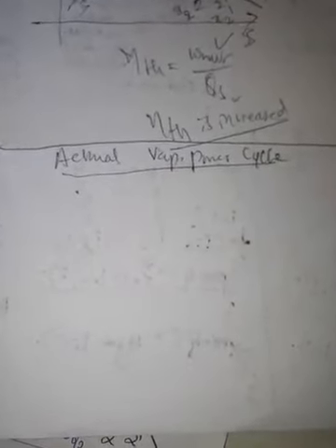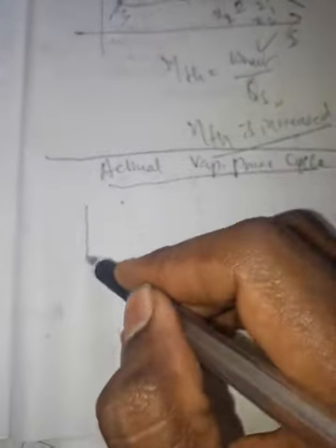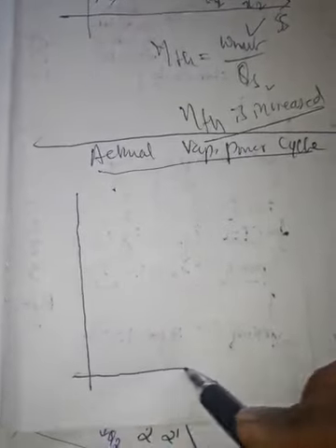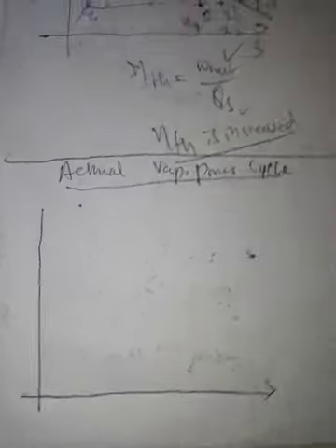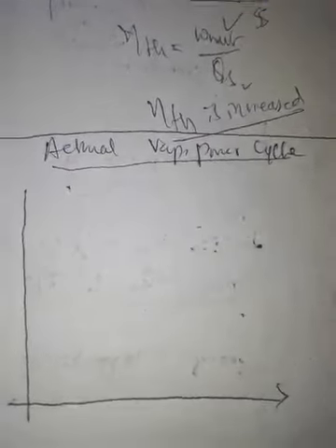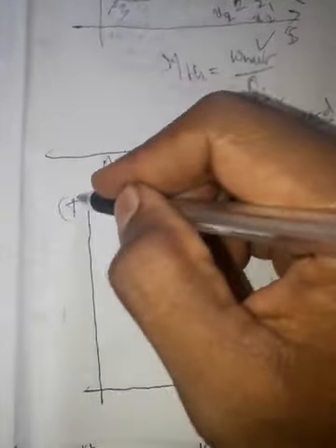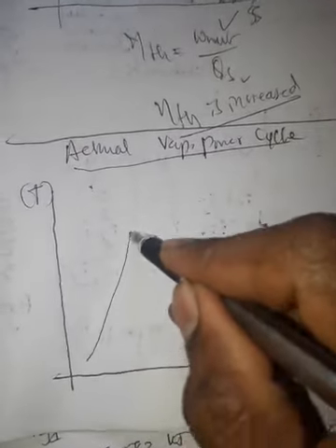First, let me draw the TS diagram for better understanding. See here, this is the temperature entropy diagram, vapor dome.